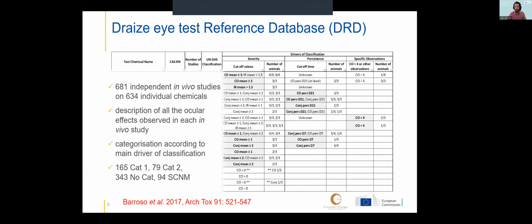As I said, the categorization is according to the main driver of classification, and it contains in total 165 category 1 chemicals, 79 category 2, 342 no category or not classified, and there are also 94 studies where the study criteria were not met, which are not recommended for inclusion in validation studies, but for completeness were also included in the database.